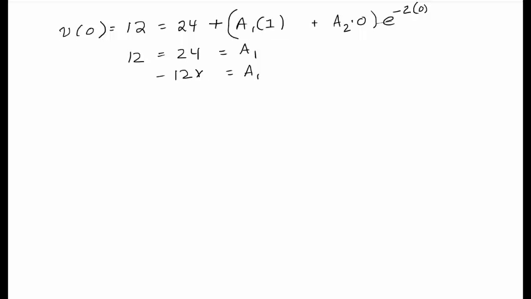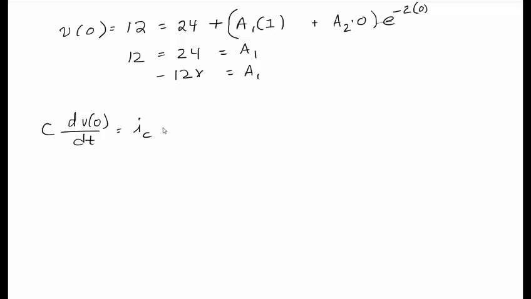The other application of initial conditions that we need is dV at 0 over dt, so that we can find our other unknown coefficient a2. We find this because we know that C dV/dt equals I sub C, the current at time 0, which we found.